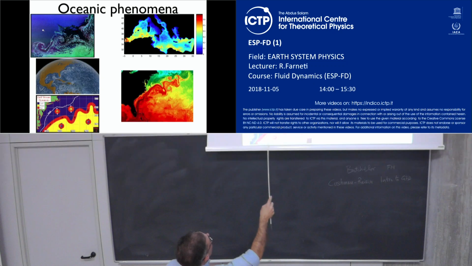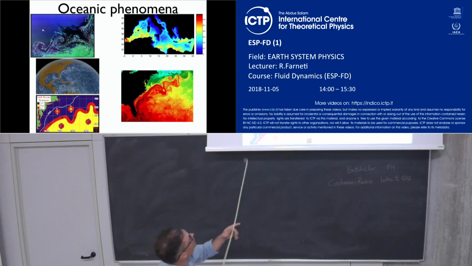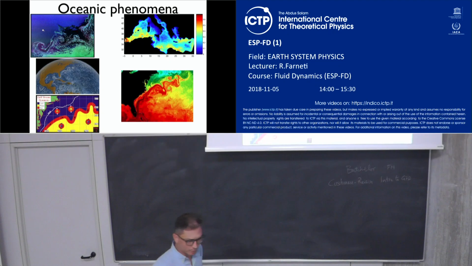So what you see here is nice circular patterns and filaments that are deformed, and those structures are formed because of properties of the oceanic fluid. The size of these structures is determined by a certain non-dimensional number that you will see in the second part of the course.